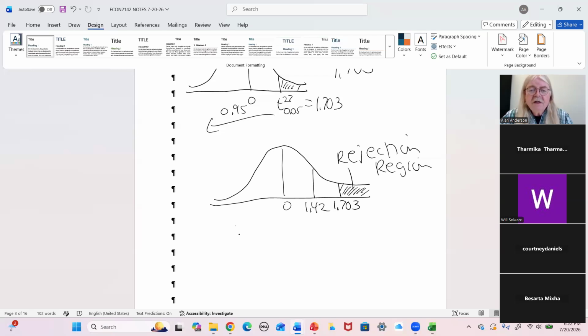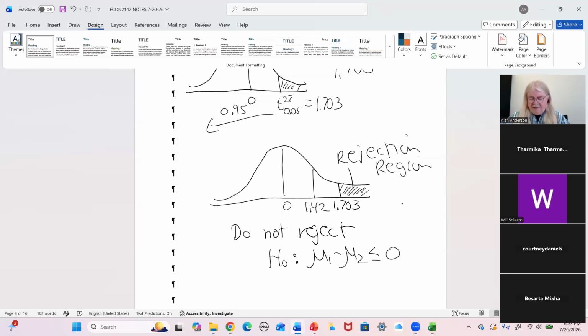So that means clearly we do not reject the null, which was that mu1 minus mu2 is less than or equal to 0. In other words, they were trying to find out if people in the city are spending more. But that's not the case, okay?